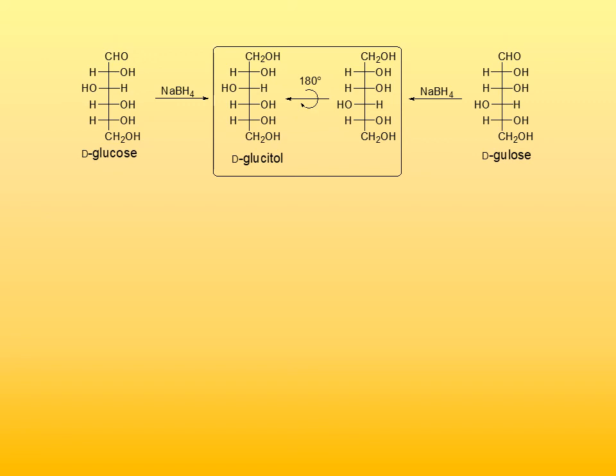Remember from organic chemistry course that a Fischer projection can be rotated by 180 degrees and it still represents the same compound. So the glucitol obtained by reduction of glucose is the same one as obtained from gulose. The only difference is that the formula is rotated by 180 degrees. So keep that in mind, that different monosaccharides could give upon reduction, or for that matter sometimes oxidation, the same product.